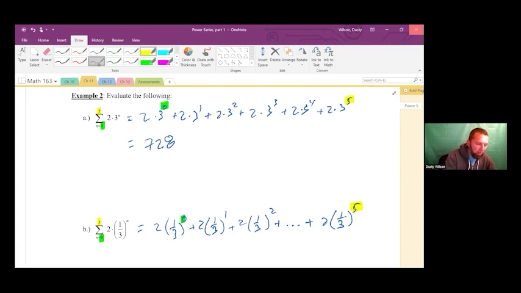And again, I could evaluate this. So this would be 2 times the quantity 1 plus a third plus a ninth, etc. So I have 2 times, I'm going to write it as, 1 plus 3 to the negative 1 plus 3 to the negative 2 plus 3 to the negative 3 plus 3 to the negative 4 plus 3 to the negative 5, in parentheses.